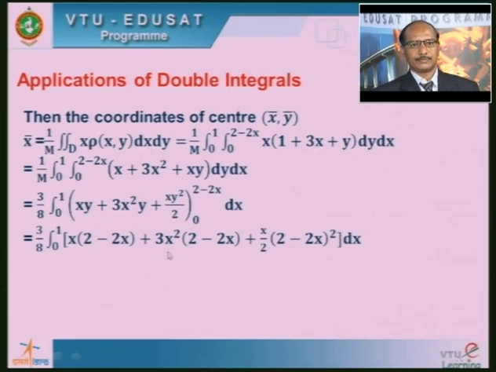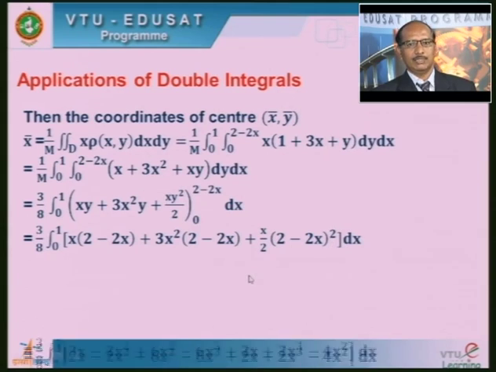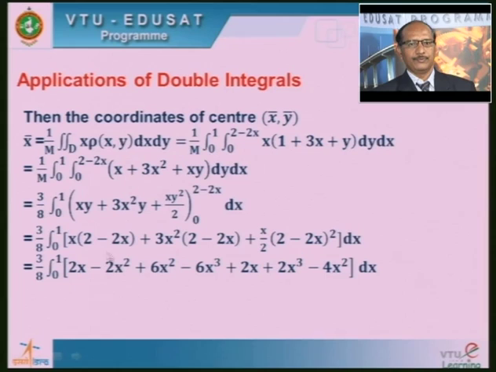Second term plus 3x square, y is replaced by 2 minus 2x, plus x by 2 is taken as it is. In place of y replace 2 minus 2x. So x by 2 into 2 minus 2x bracket square dx. Now simplifying before the integration. So x into 2, 2x, x into 2x, so minus 2x square.